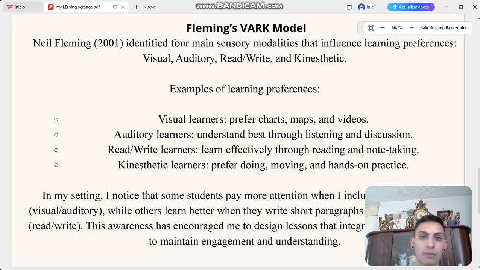And finally, I would like to mention the Fleming VARK model that identifies the main sensory modalities. That is the one that I mentioned before, but it caught my attention because it's similar.